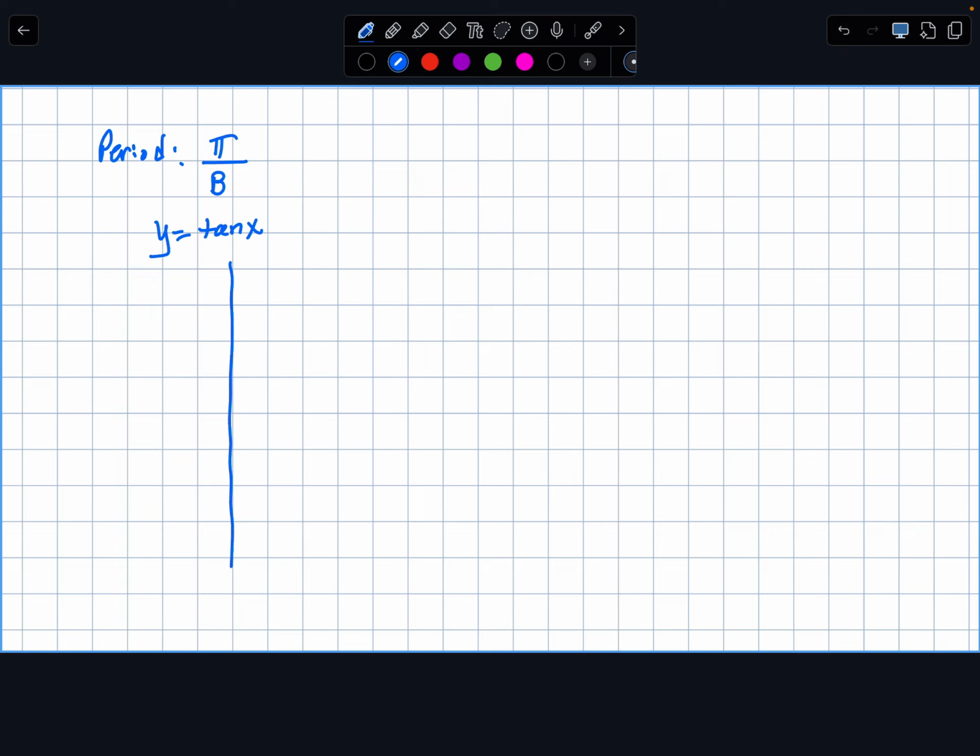For tangent, you go 2 key increments to the left, and there is an asymptote. This is just for the normal graph of tangent. And then you go 2 key increments to the right, and for tangent, there is another asymptote.